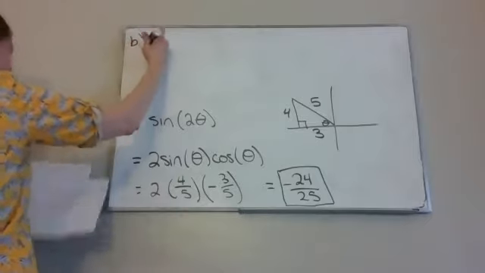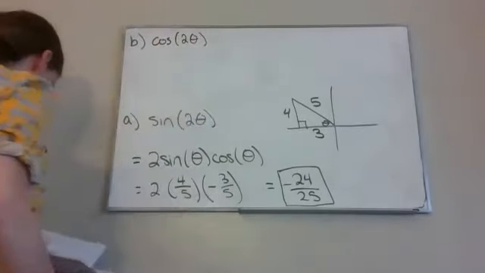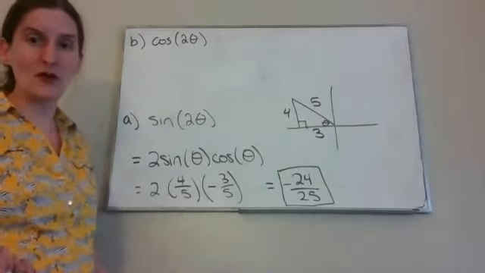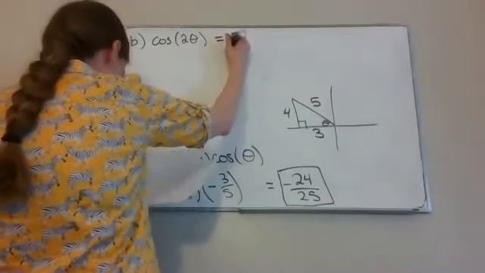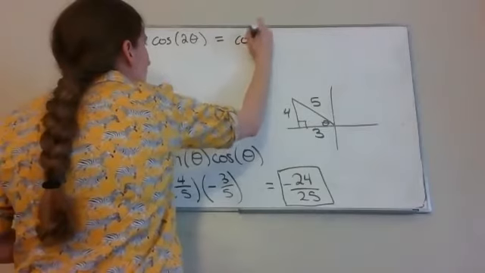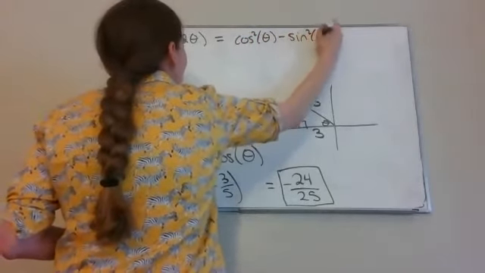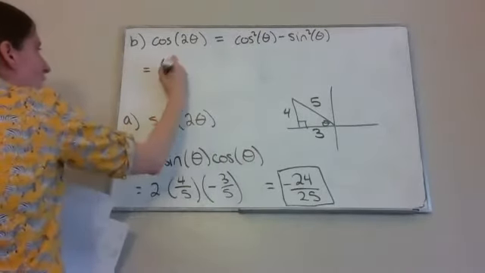Part B, let's find cosine of 2 theta. Well, I have a lot of different formulas for the cosine. I'm just going to use the first double angle formula, which is cosine of 2 theta is equal to cosine squared of theta minus sine squared of theta. Now, cosine of theta, we already said, was negative 3/5.